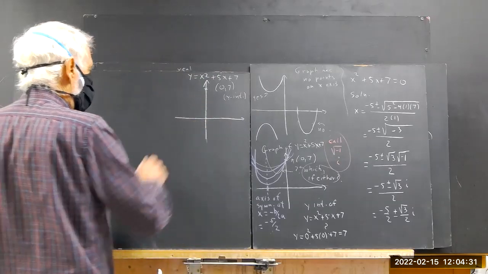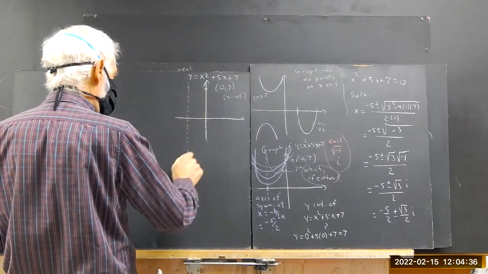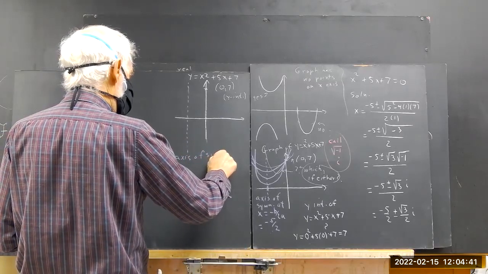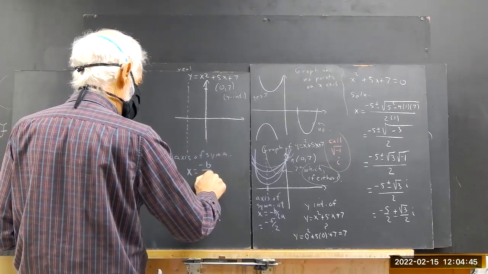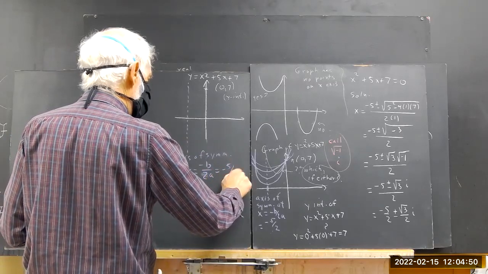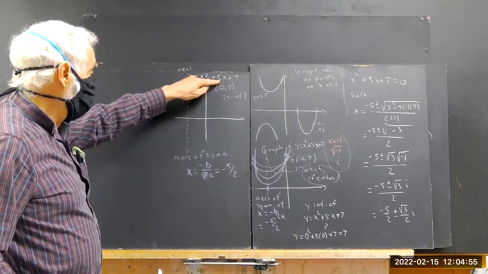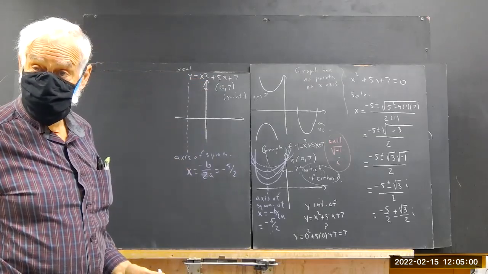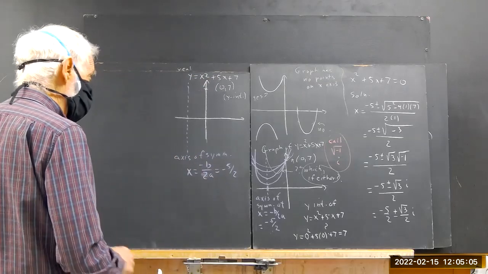Now, if we understand the axis of symmetry, it depends just on the 5 and the 1 in front of x squared, right? The values of a and b. Negative b over 2a is negative 5 halves.